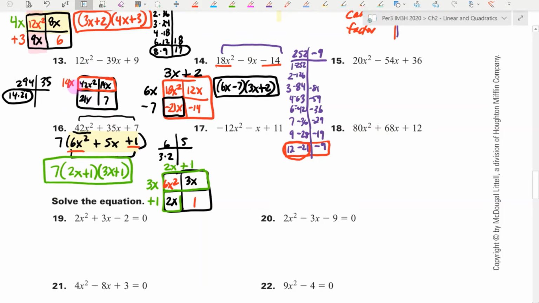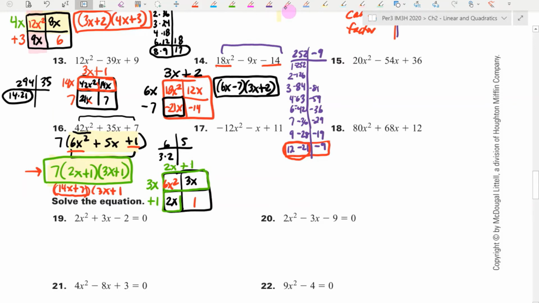You have to figure out 14 times 3x gives you the 42x, and 14 times 1, and then 3x times the 7. And as you can see, if I did it this way, you would get 14x plus 7 and 3x plus 1, which is the same as this. You just have to take out the 7 at the end instead of the beginning. I always recommend taking out the greatest common factor first because it'll make the factoring a lot easier.